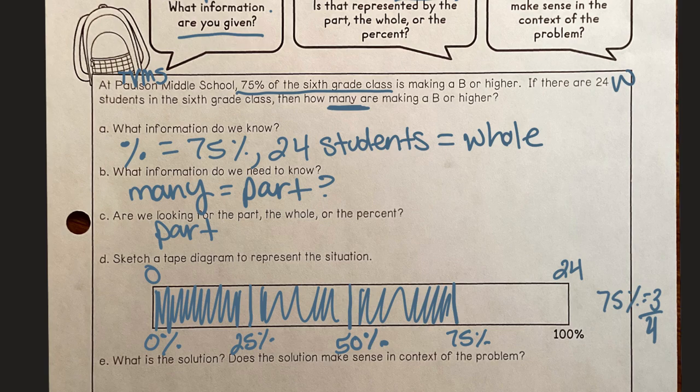Okay, now we need to find the numerical values of these numbers here. If I was to take 24 and break it into 4 equal parts, 1, 2, 3, 4, which is what I did with my percentages, what would each quarter come out to or be worth, really?